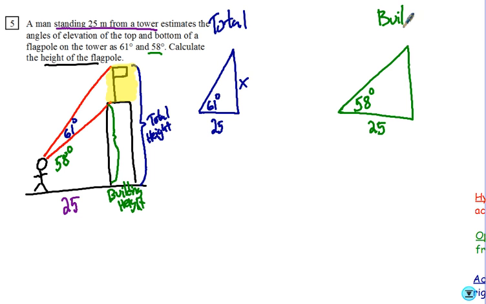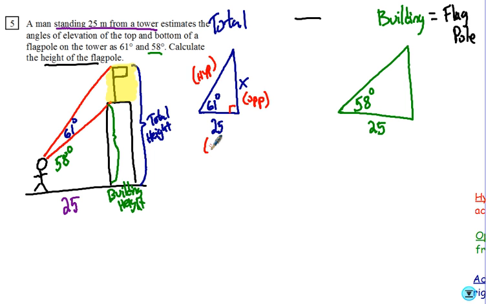And then if we subtract those two things, so total minus the building, that's going to give us the height of the flagpole. All right, well, let's get this thing labeled. So here's my angle, so that must be opposite. This is my 90-degree angle, so that must be the hypotenuse.